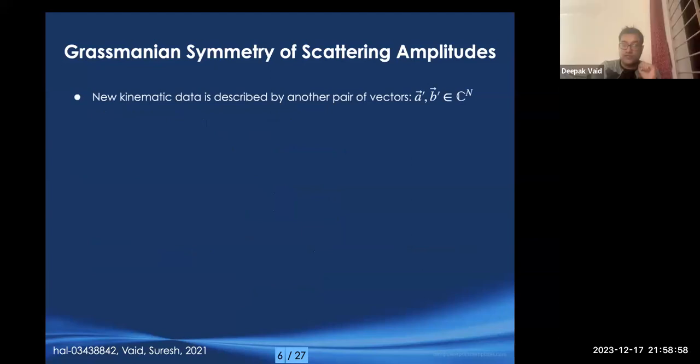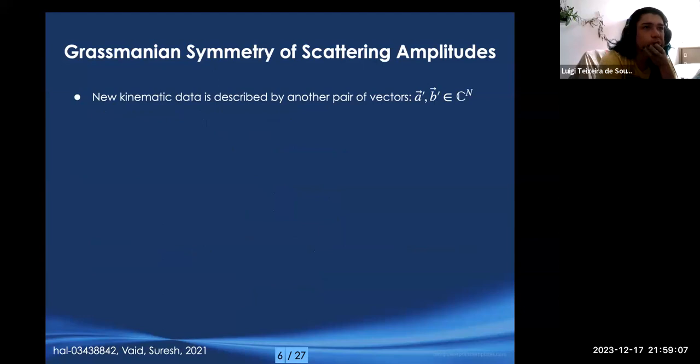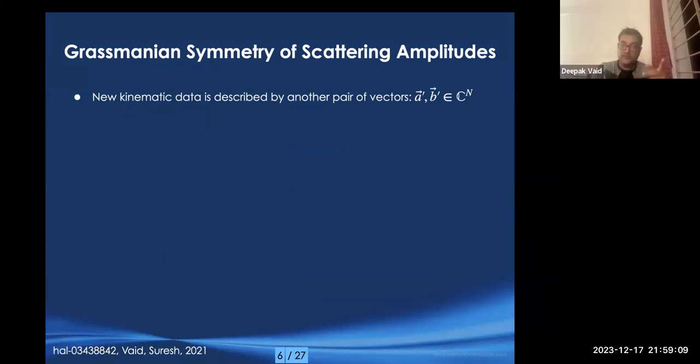So what is this telling us? This is telling us that the new kinematic data, the new set of momenta, is described by a set of vectors, A prime and B prime.